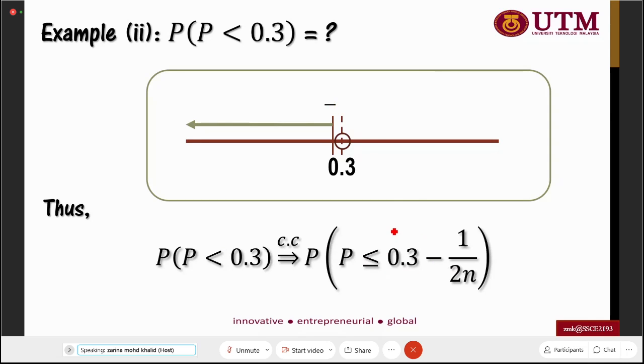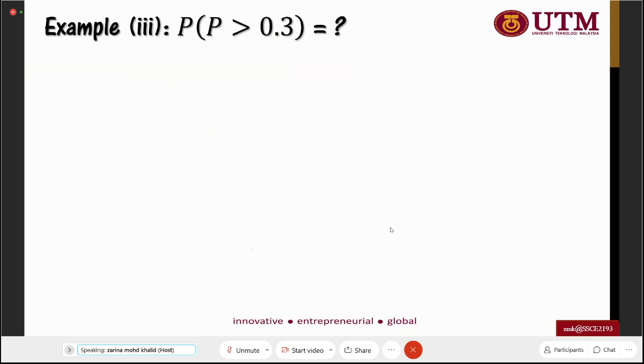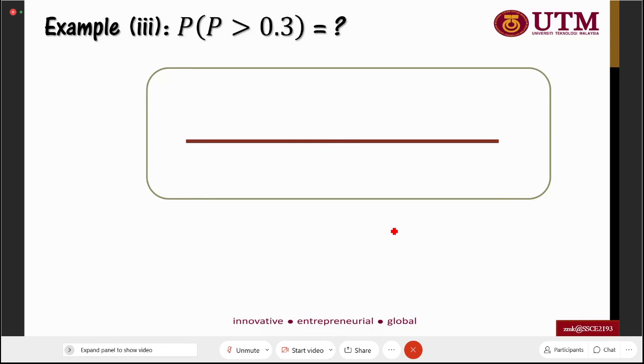Okay, let's look at another example. P greater than. Again, you can use the line here. Greater means you don't include 0.3, so you use the blank circle and a dash line. So the area has to start from a value slightly above. In that case, from 0.3 to this value, it has to be a plus, isn't it?